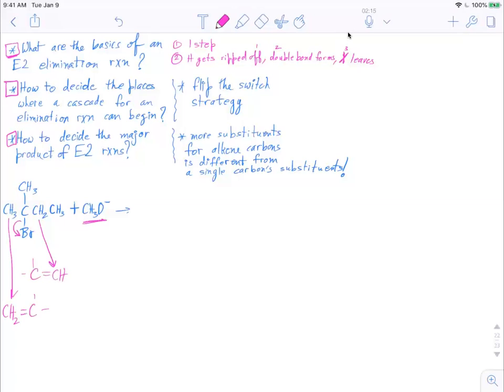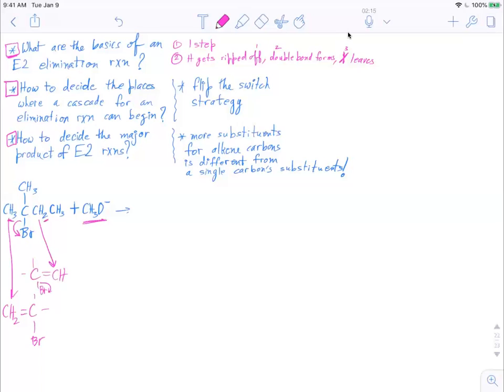So now we have decided the places where a cascade will originate. Either this will lose a hydrogen, and then we'll take the remaining electrons once that hydrogen is gone, supply them to the double bond with carbon, so that bromine gets kicked off, because carbon can't have more than 4 bonds, right? Or we'll appropriate a hydrogen from here.